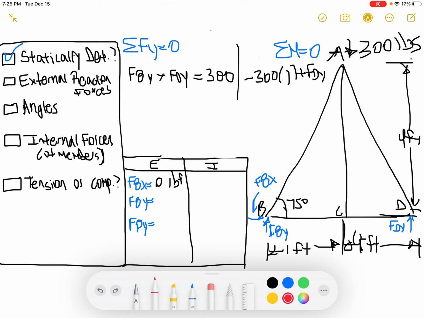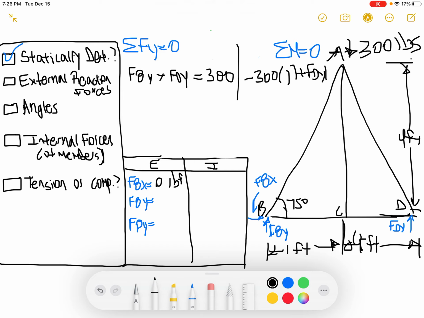And we need to multiply that by how far away it is from the force. That actually is going to have to be 1 plus 4, which is 5.